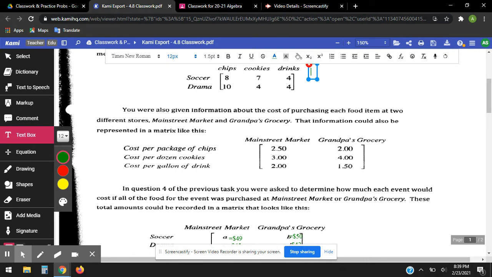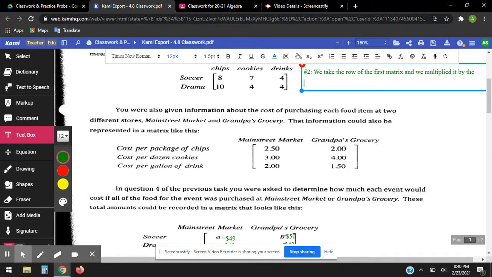Okay, so for number 2, we take the row of the first matrix, so this one right here, and we multiplied it by the corresponding numbers down the columns of the second matrix.